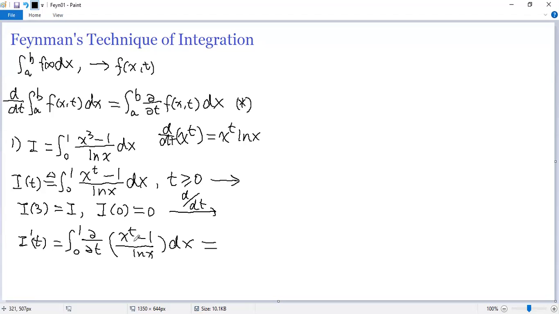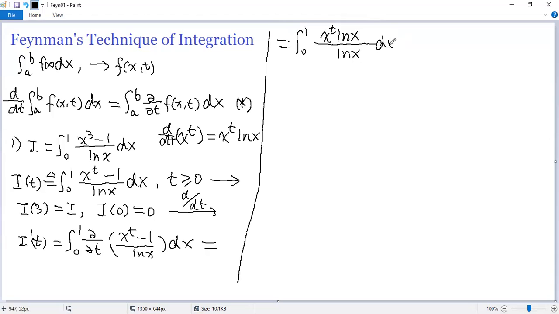Be careful. At this moment, t is the only variable for the differentiation. So we get integral from 0 to 1. The derivative of x to the power t is x to the power t times ln x. The derivative of 1 is 0. The bottom's ln x dx.